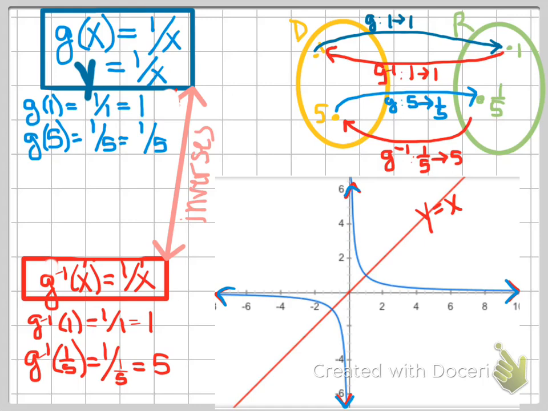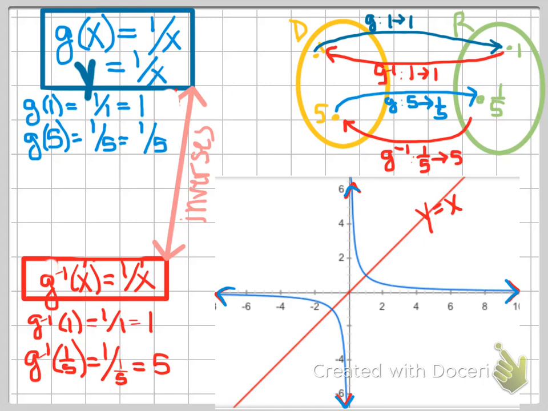And what you can see is that on either side of the y-axis, both on the positive side and the negative side, my red inverse function and my blue function are reflected about the identity function line. They're inverses of each other.